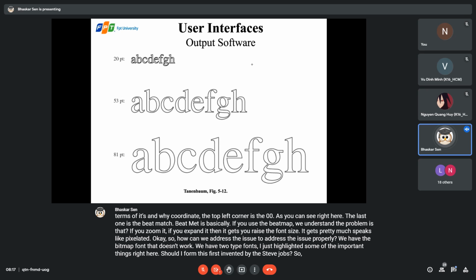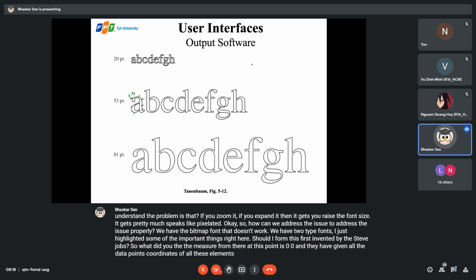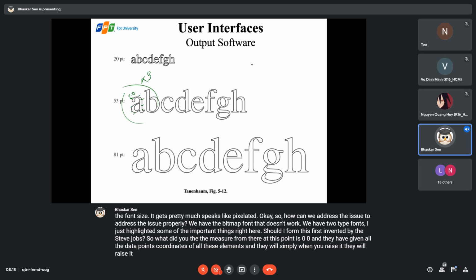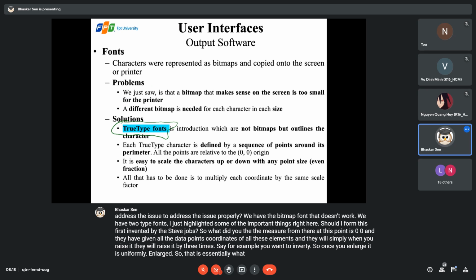They measure from this point, which is 0,0, and they have given all the data points, the coordinates of all these elements. When you want to enlarge it, they will raise it by, say, 3 times, and it is uniformly enlarged. That is essentially what they do.